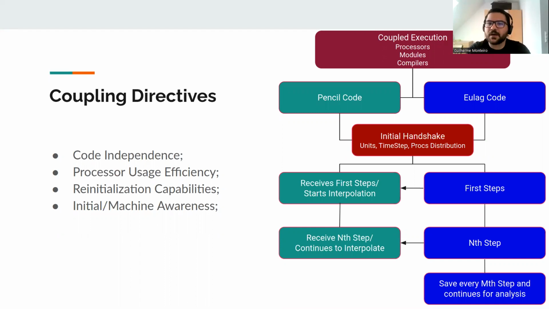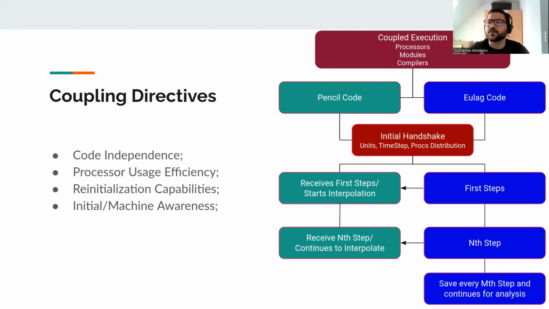So we would have a coupled execution that would call for both Pencil and EULAG. After a brief handshake that would share some essential information between them, they would start running separately, where Pencil would wait for some data from EULAG, and after receiving the first steps, it will start to interpolate the data and generate the alpha coefficients for it.